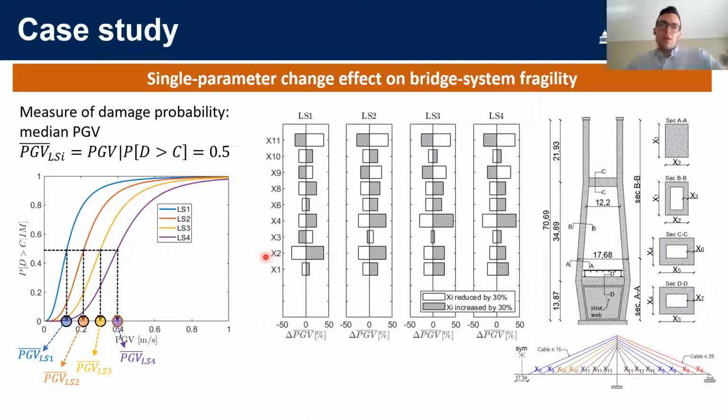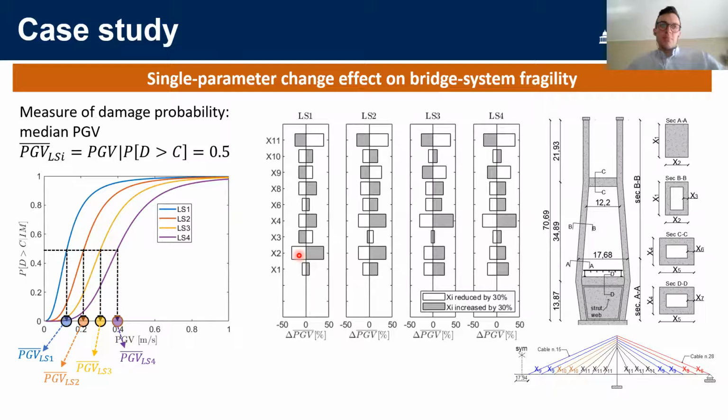So for example, for x2, which is the short dimension of cross-section AA, this plot represents the effect of an increase of 30% for the gray part, and the effect of a reduction of 30% for the white part.